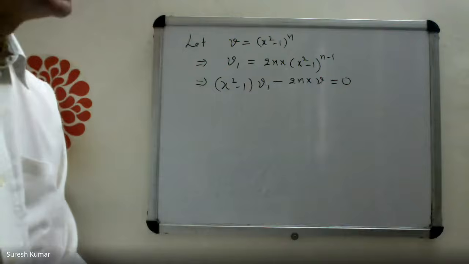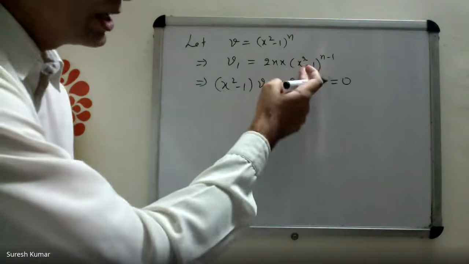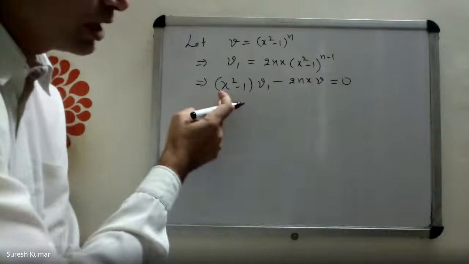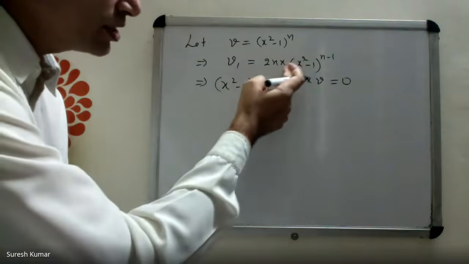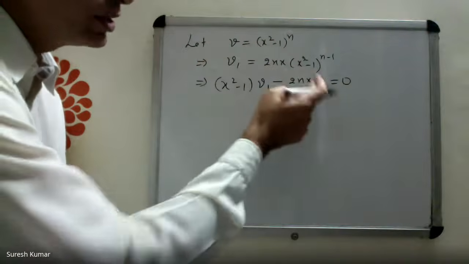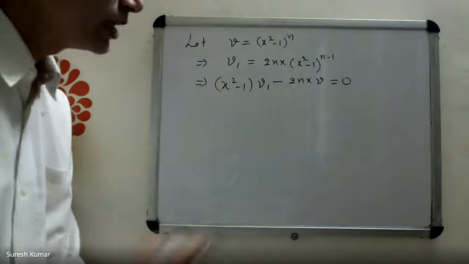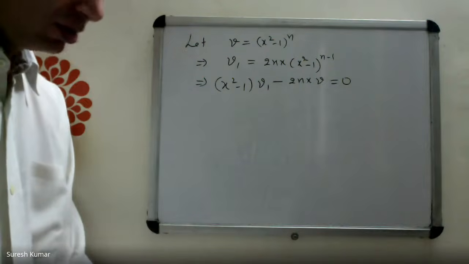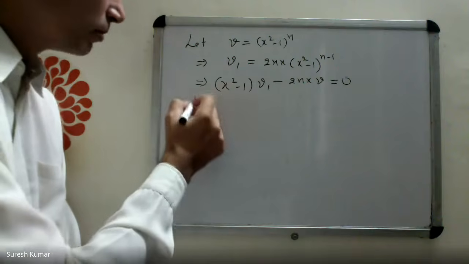Check it. You can write it as (x² − 1)ⁿ over (x² − 1), which I've taken to the left side. After that, 2nx (x² − 1)ⁿ is already v, so I replace that by v, and then took this term to the left side. So you understand this step, okay?